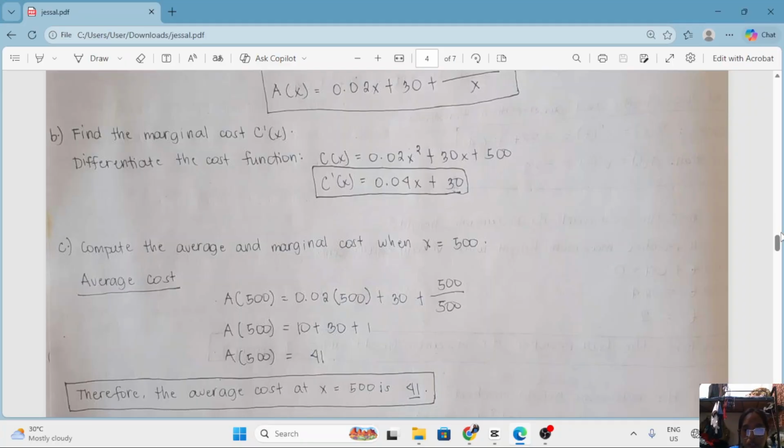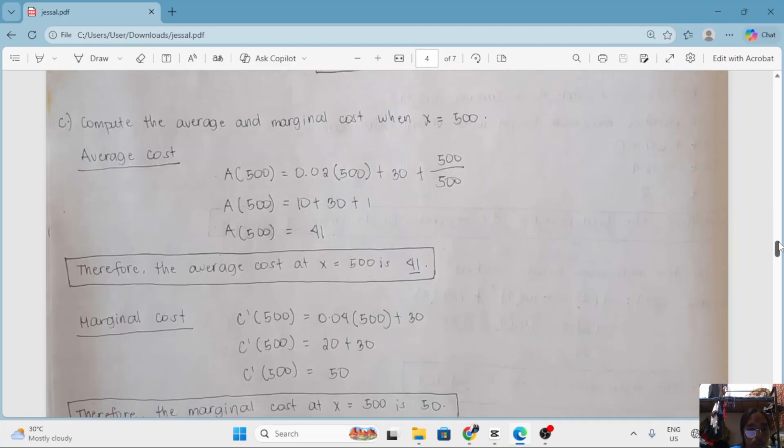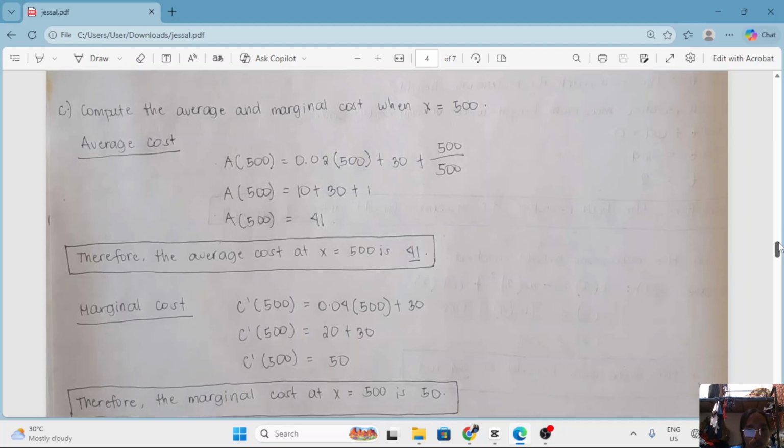Letter C, compute the average and the marginal cost when x is equal to 500. Again, for our average cost, we're just going to input 500 to solve this problem. So A of 500 is equal to 0.02 times 500, plus 30, plus 500 over 500.